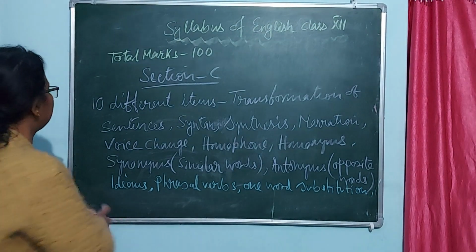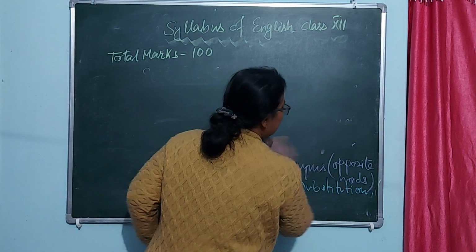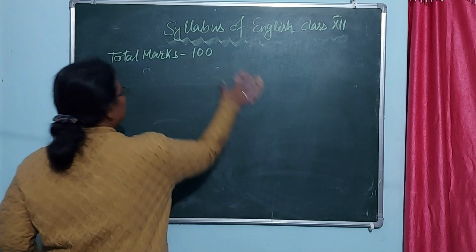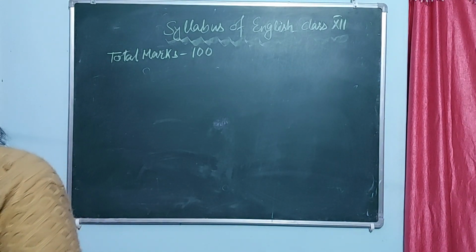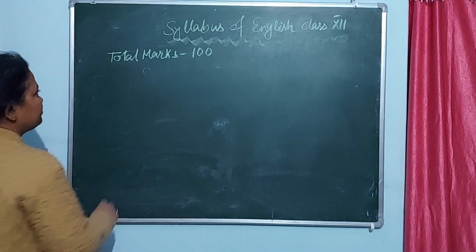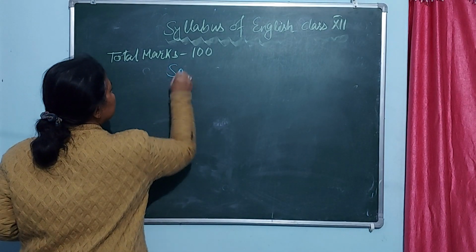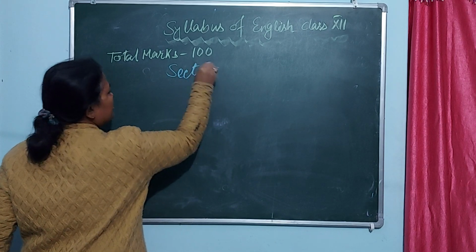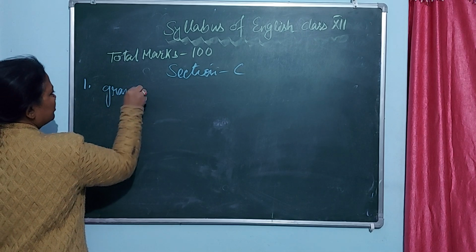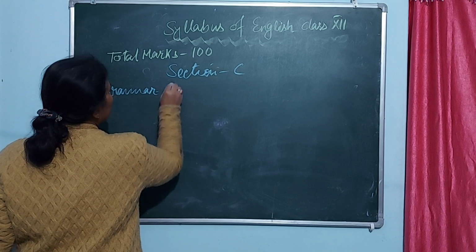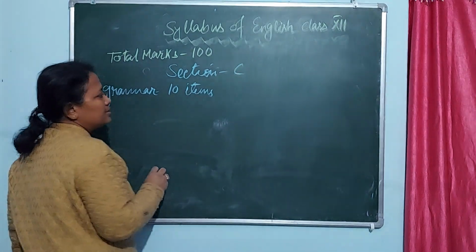Next is the grammar section. One more thing I just told you: in the CBSE board there is no translation, but in your UP board there is translation. So this section C is, in a nutshell, the grammar part, 10 items.